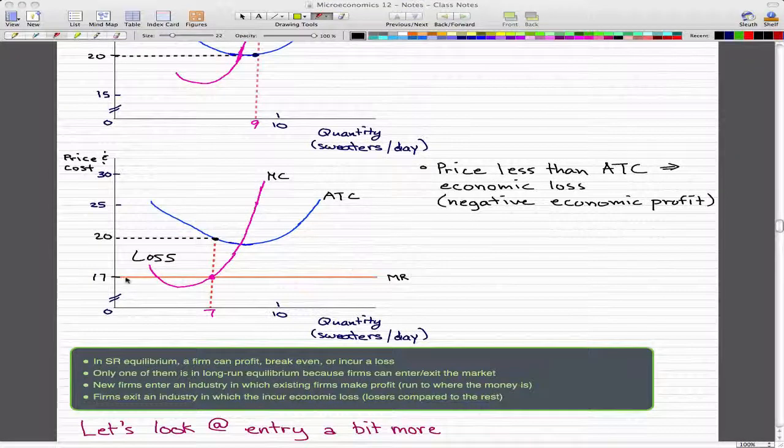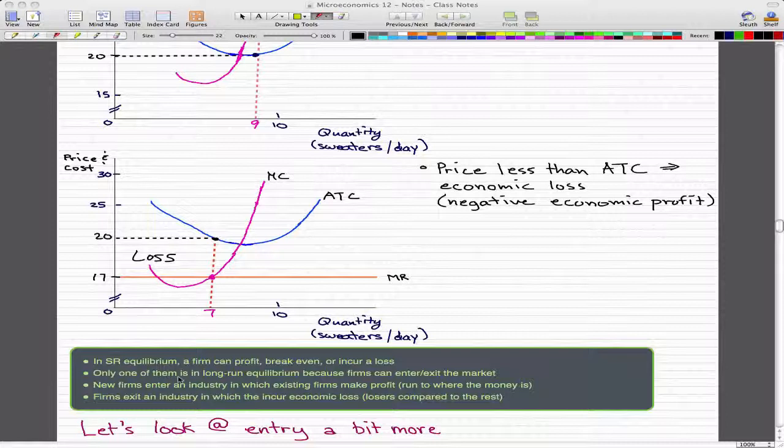Now, in short-run equilibrium, a firm can profit, break even, or even incur a loss. Only one of them is in long-run equilibrium, because firms can enter or exit the market, and new firms enter an industry in which existing firms are already making a profit.